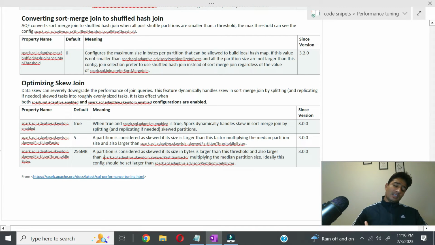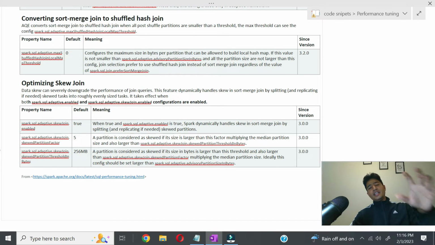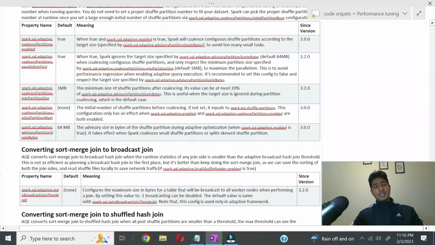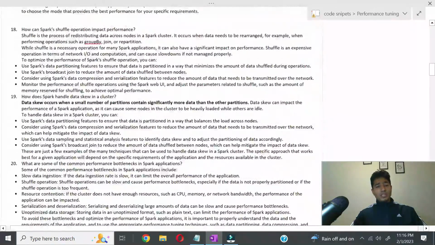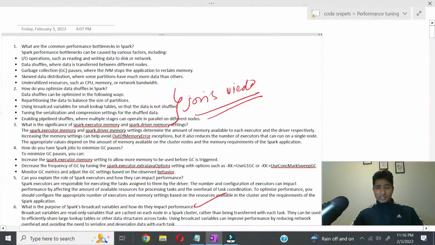For example, you know the maximum partition size can be 100 MB, but if you see the partition size has increased to 200 MB, 300 MB, it means the data in that partition has been skewed. So by this property you will identify the skewed partition, right? I think these are the most important questions which can be asked.